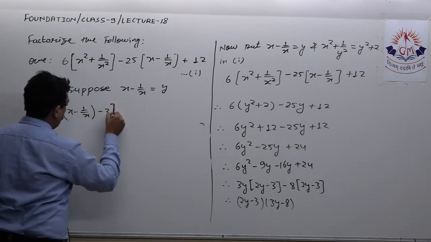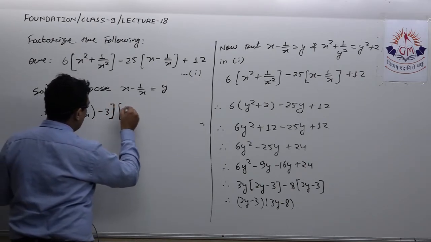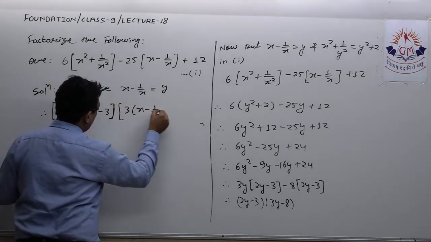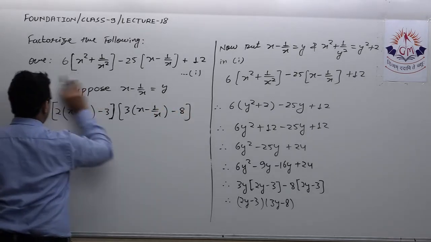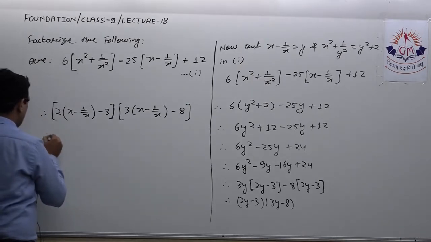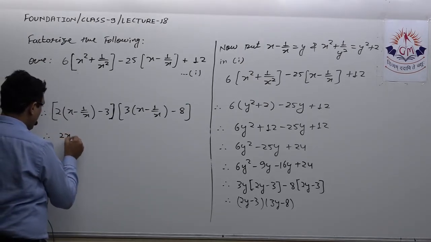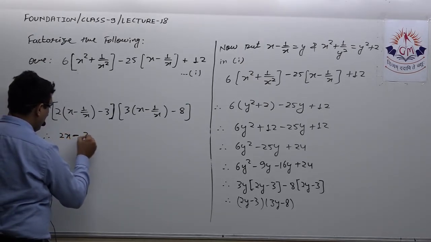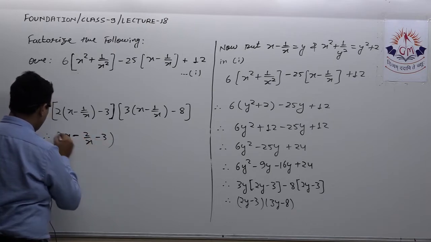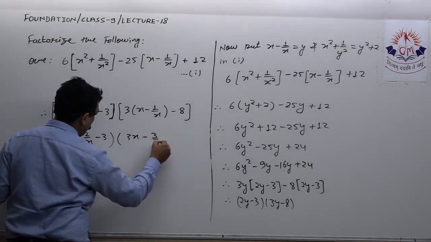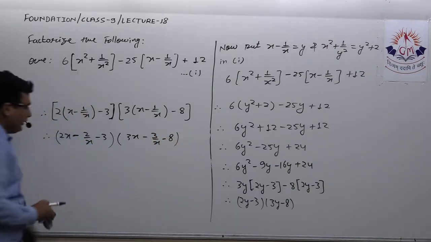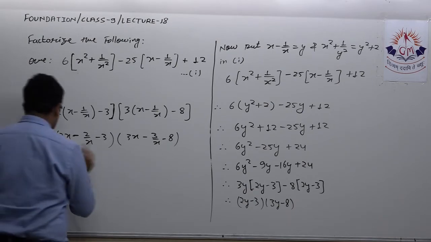And in the second bracket I have 3, again x minus 1 upon x, minus 8. After that here I'll get 2x minus 2 upon x minus 3, and here I get 3x minus 3 upon x minus 8. Now definitely I'll take LCM.